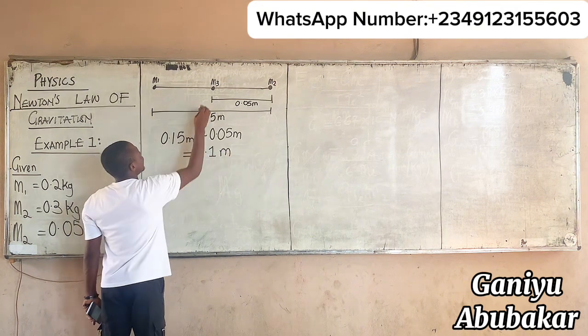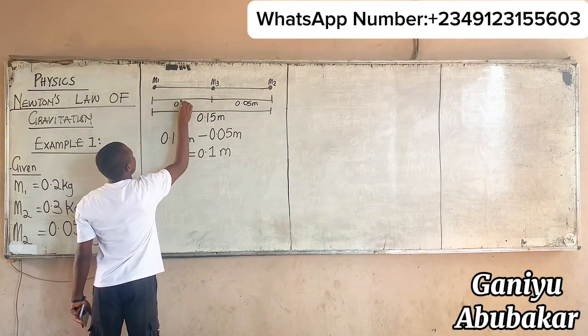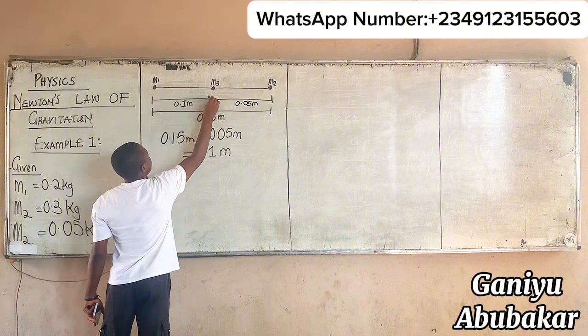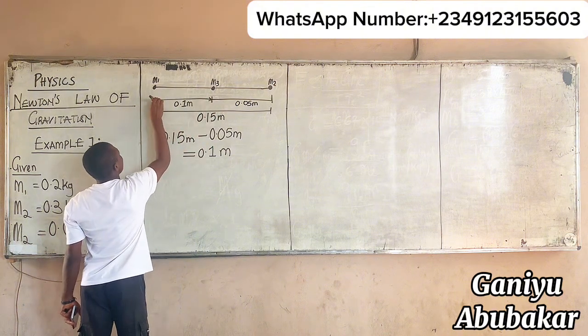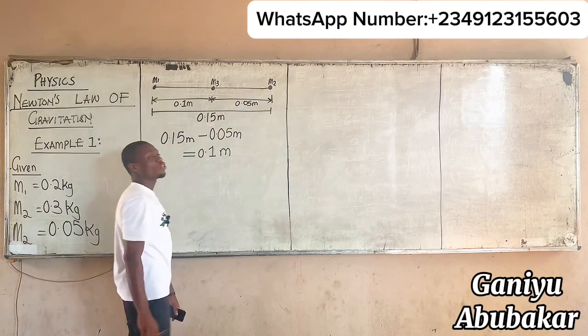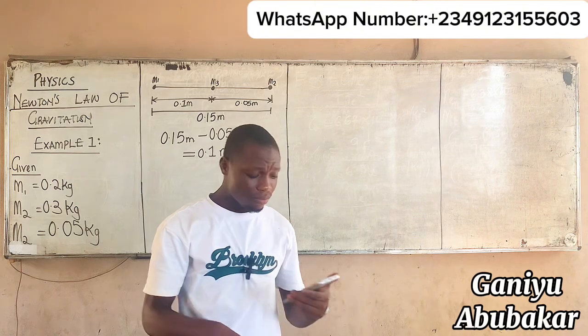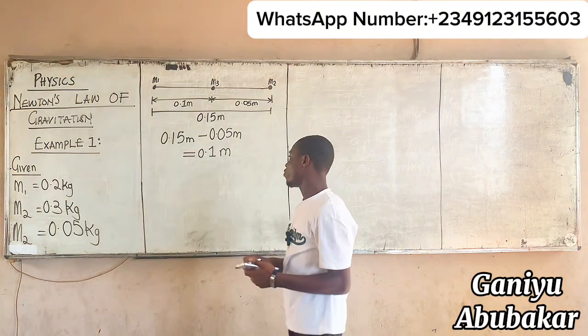So I'm saying that from here to this point here is 0.1 meters. All right, this is my question analysis. I'm not starting to solve yet. I'm just trying to explain this concept well before I start solving. All right, let's now get into solving, please.